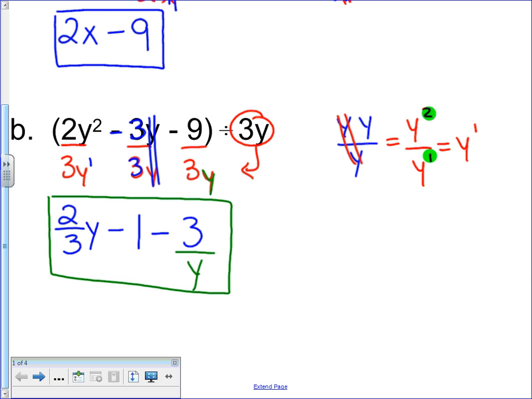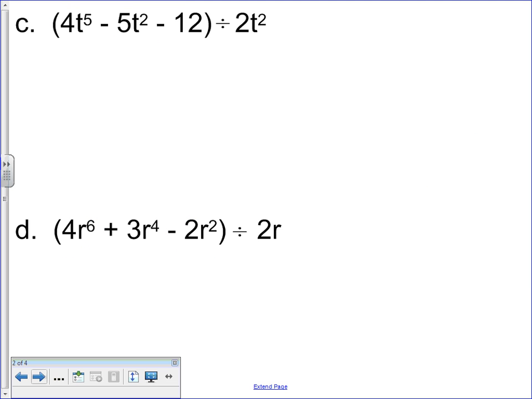Another example. Once again, I'm going to divide everything by 2t squared. So 4 divided by 2 is 2.